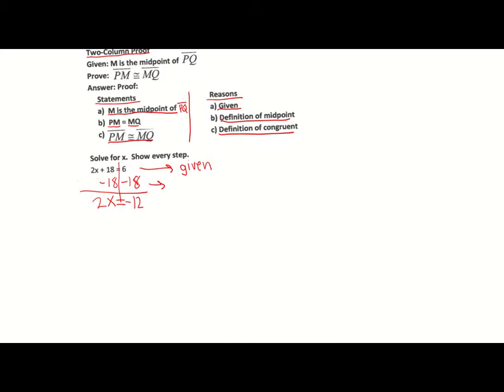The reason we can do this is our subtraction property. The next step to get rid of that 2 is divide both sides by 2, and we get x equals negative 6. This was using our division property.